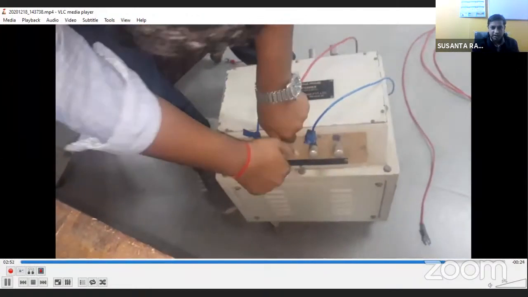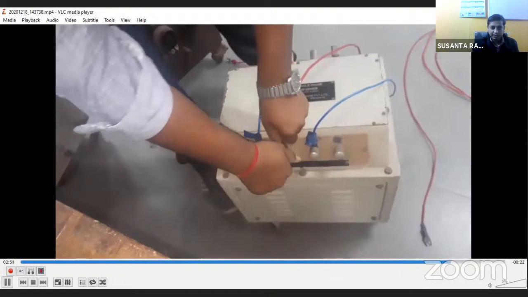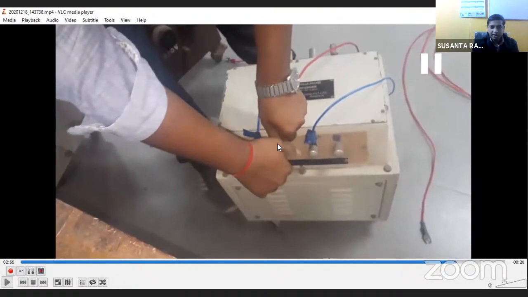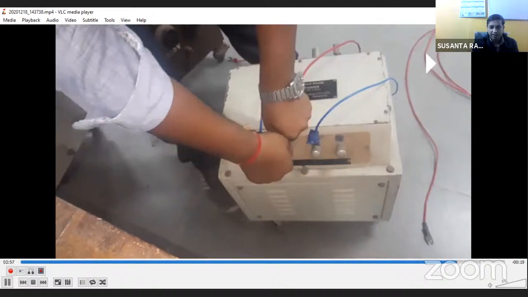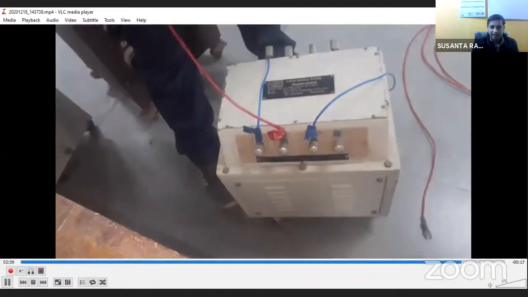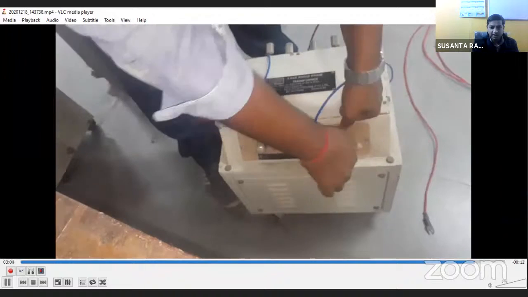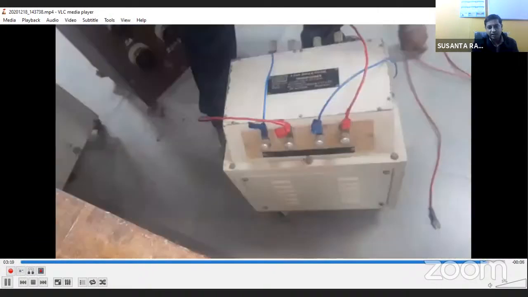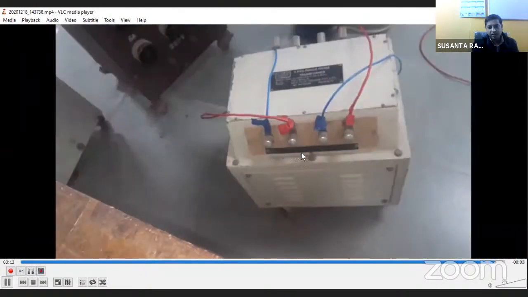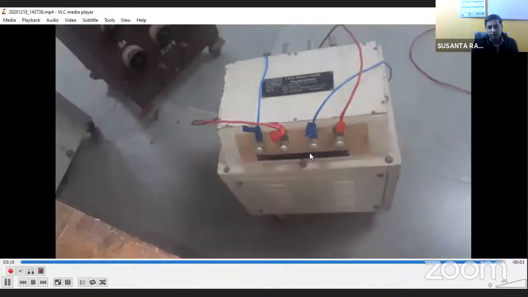During this parallel connection, you should know the polarity. As you already know, terminals 1 and 3 have the same polarity and 2 and 4 have the same polarity. So he is shorting 1 and 3 and 2 and 4. This is how we make the two coils parallel. Then we'll supply either 1 and 2 or 3 and 4, because both are connected in parallel.